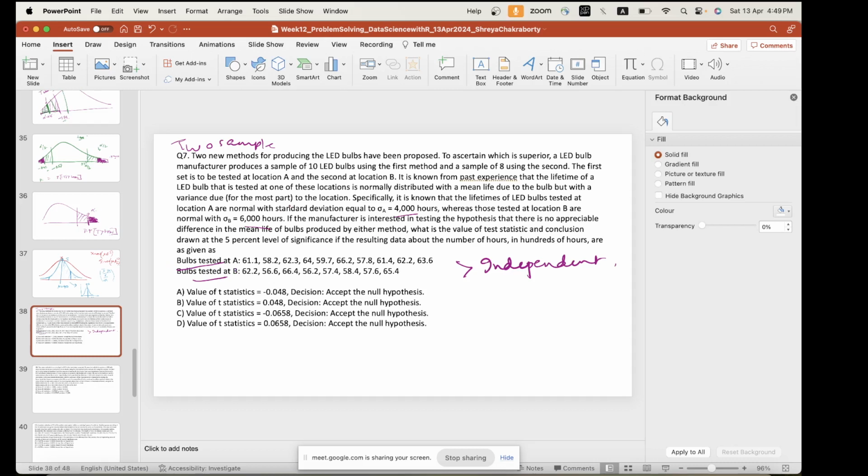What do we have to write? If the manufacturer is interested in testing the hypothesis that there is no appreciable difference in mean life of bulbs produced by either method, then what is the value of the test statistic and conclusion? So H naught is mu1 minus mu2.